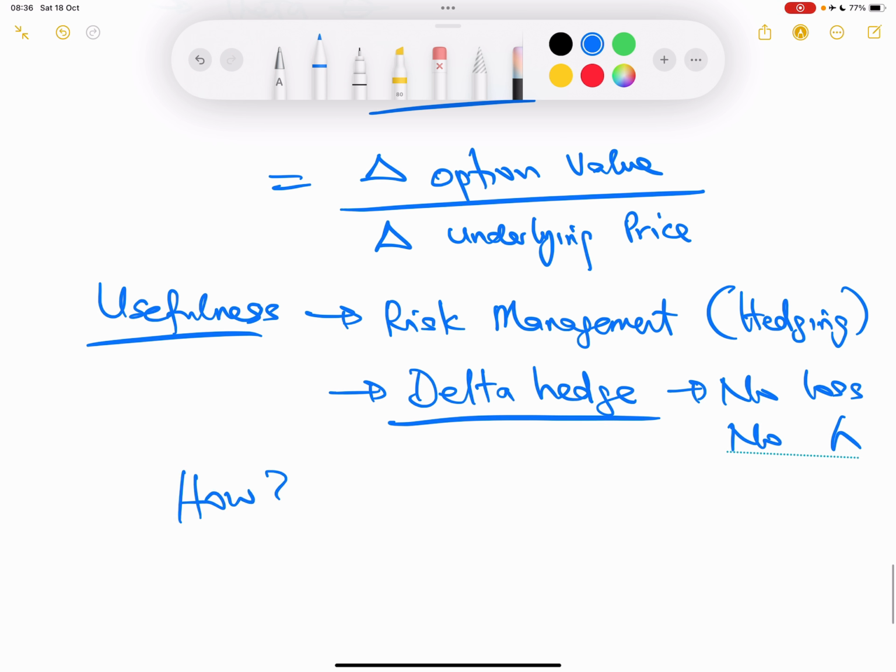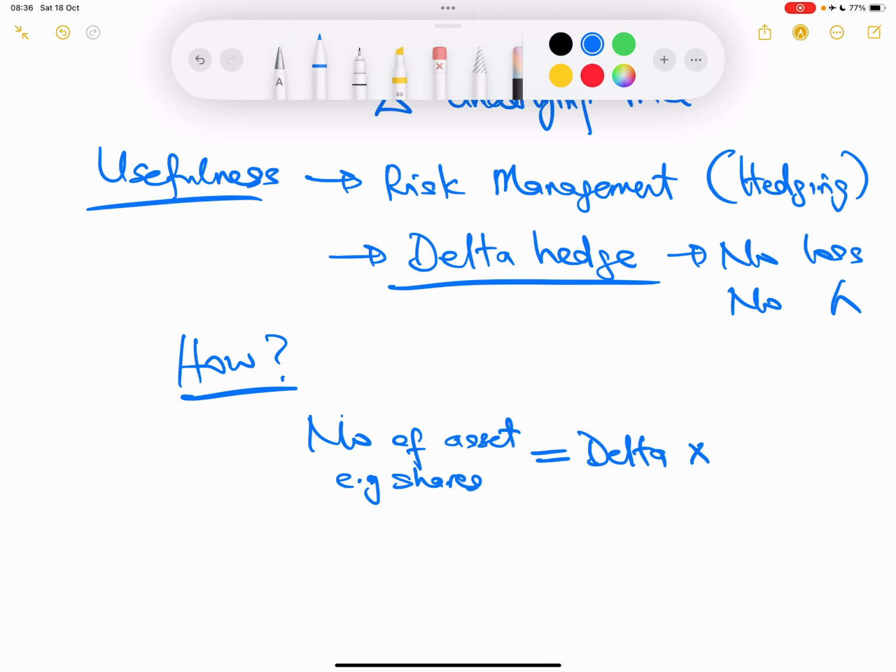The number of assets in your portfolio, for instance shares, must equal your delta figure multiplied by the number of call options that you have sold.